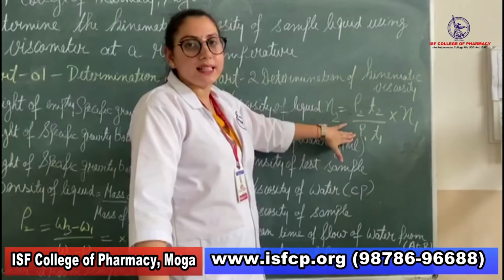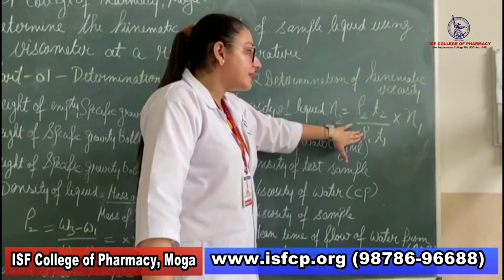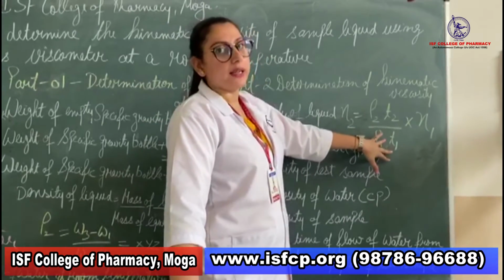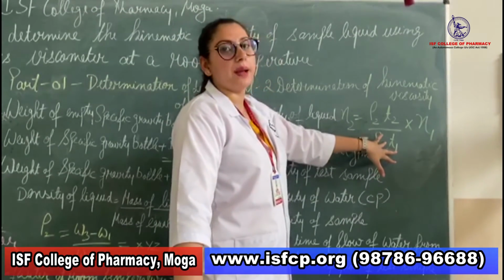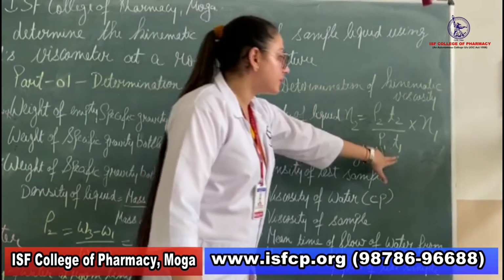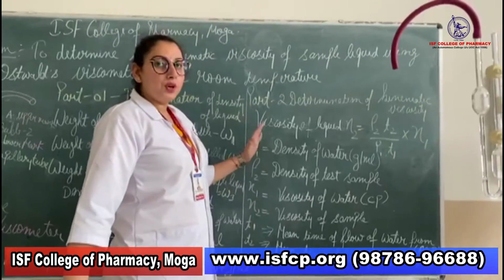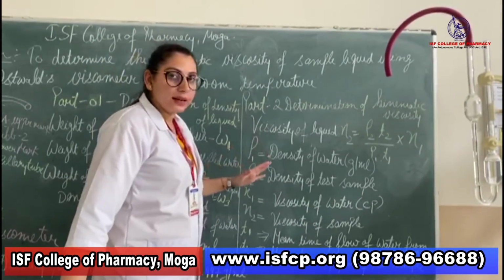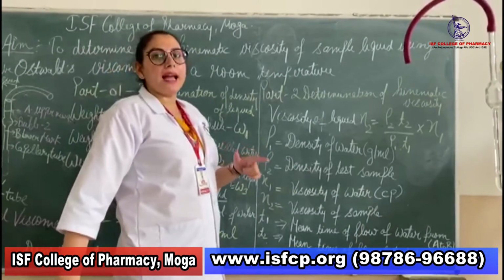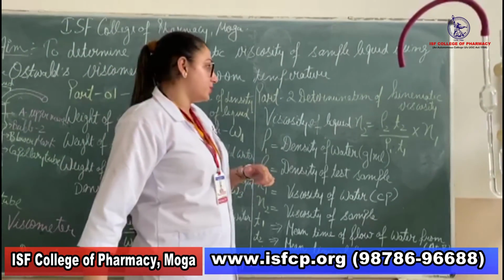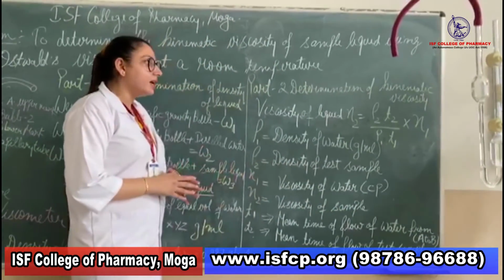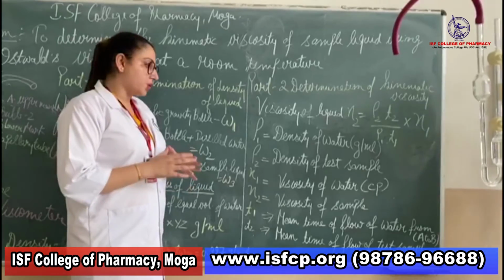Rho 1 designates the density of water, which is standard, and T1, which we calculated in the previous step, is the time taken by water for flowing from point A to B, that has to be inserted over here. We know water has a standard viscosity at room temperature, that is 0.997. That has to be inserted in the formula, that will give us the viscosity of our unknown sample.